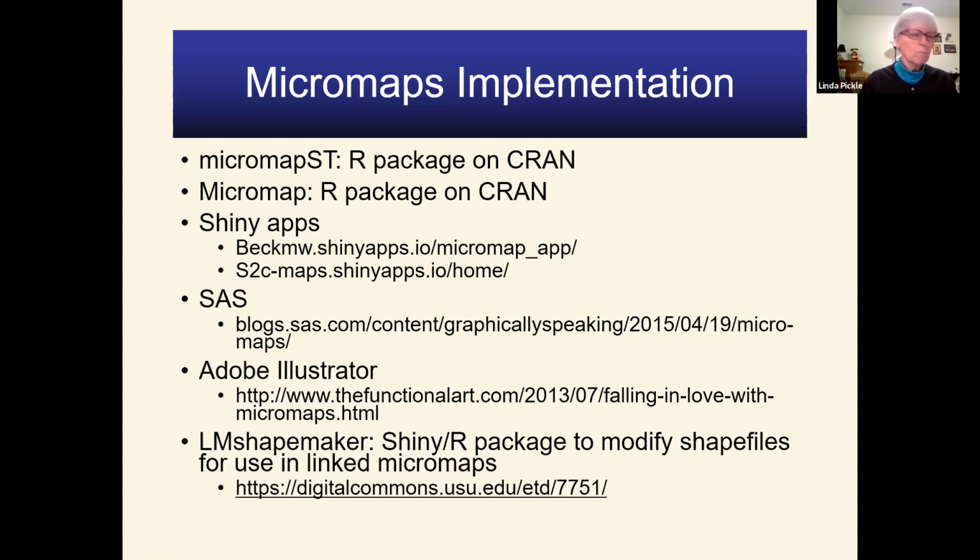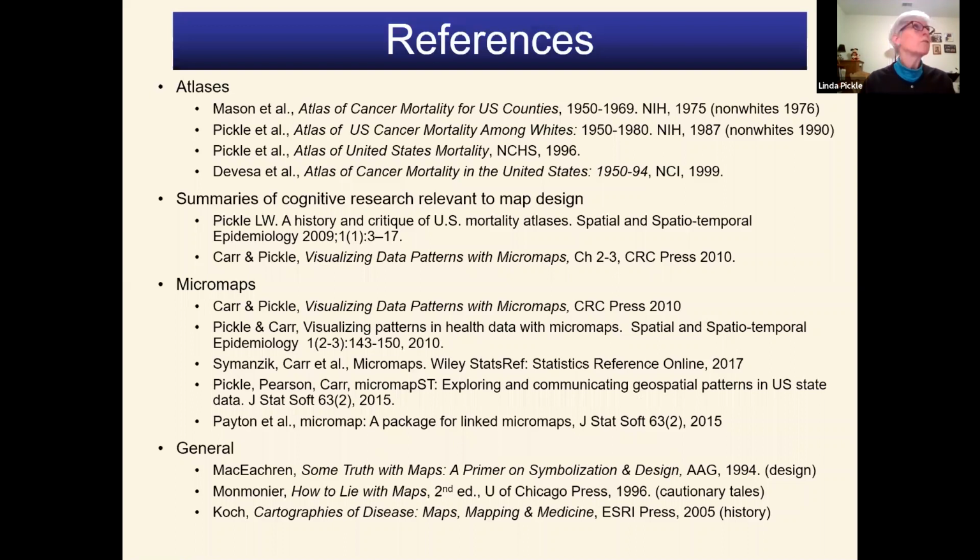Here are the references, grouped by the topics that I covered. The Atlas references are at the beginning, and I've only shown two references to our own work summarizing the cognitive research relevant to map design.